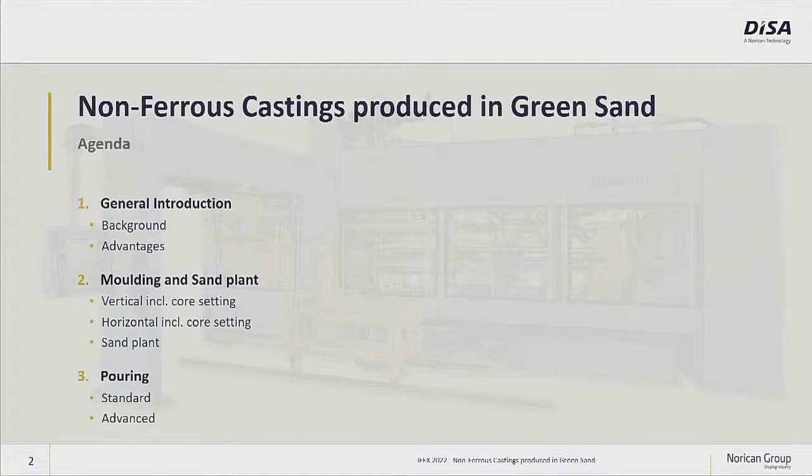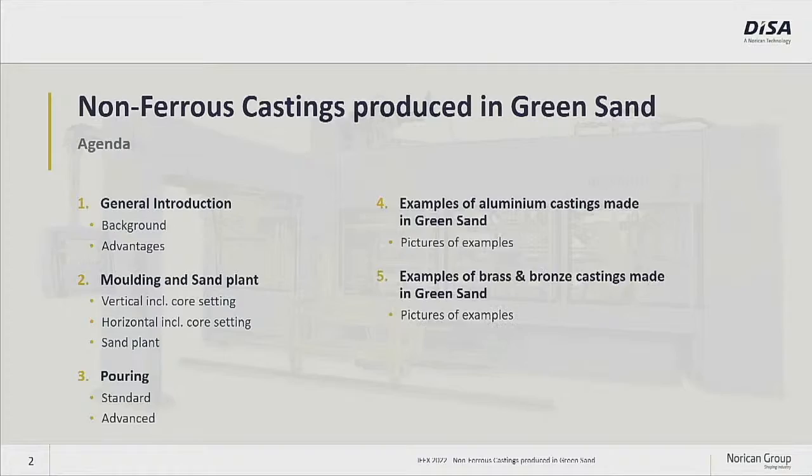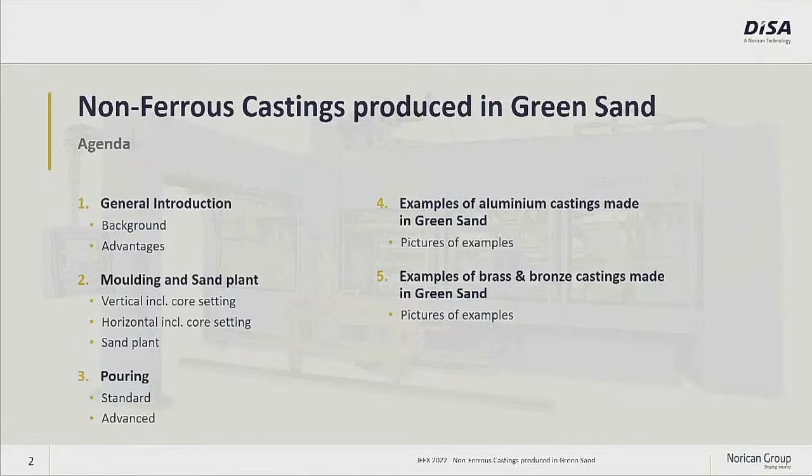And then we will talk a little bit about pouring. And then we will show quite a lot of examples of aluminum castings successfully being produced in green sand today. Furthermore, we have prepared a number of examples for brass and bronze castings, also successfully produced in green sand today. And then finally we will conclude.